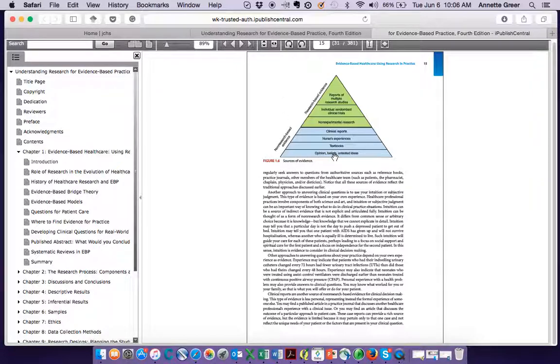The sources of evidence: what is the best? Research-based, reports of multiple research studies, individual randomized control trials, non-experimental clinical reports, nurses' experience, textbooks, and opinions. You will notice that we want to stay in the green area.